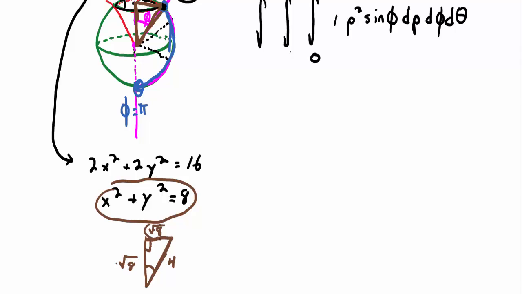Then to get what I called phi1, which would be this angle here, you could just take, I suppose, the adjacent side, wouldn't it? And the hypotenuse.